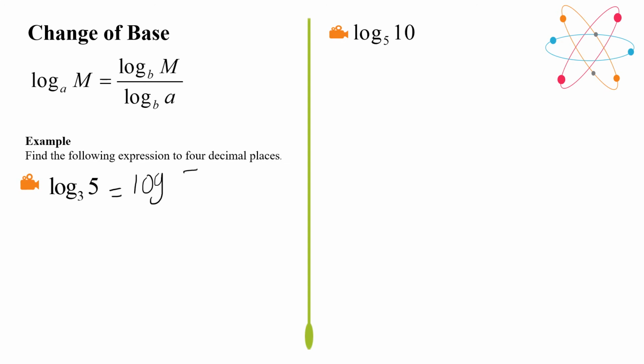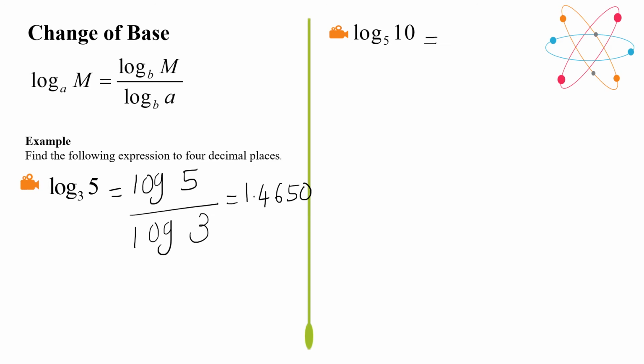Log 5 base 10 divided by log 3 base 10. Press the calculator, then the answer is 1.4650.